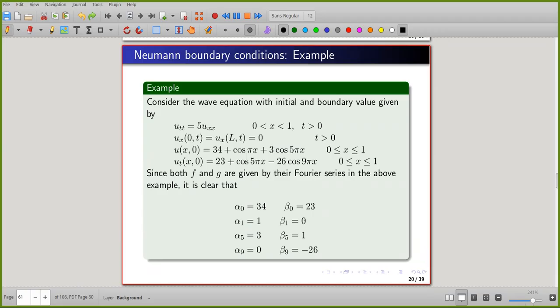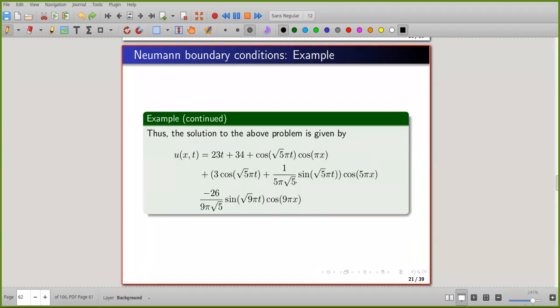These are the Fourier coefficients of f. This is my f, and this is my g. These are Fourier coefficients of g.